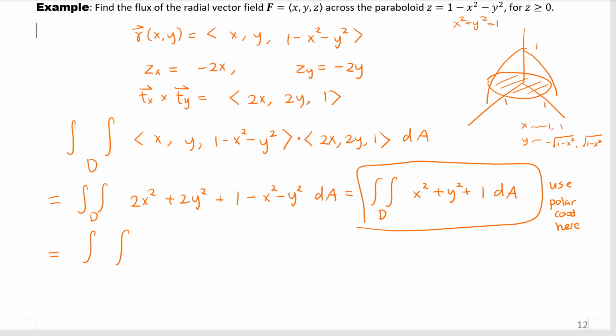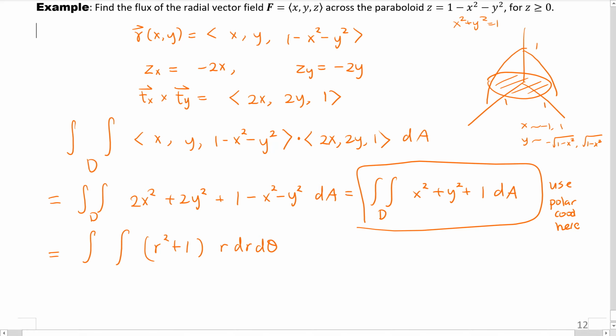So if we use polar coordinates, x squared plus y squared is just r squared, and then dA is r dr d theta. By the way, don't forget the parentheses. If you forget the parentheses, then you just have r squared plus r. This is not good. When you distribute it, we should get r cubed. So far, so good.